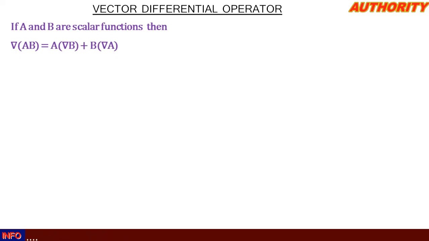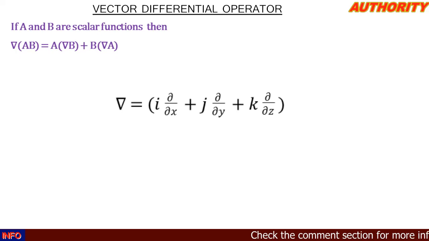Good. Now, please pay attention. Let's take it gradually. First of all, what is gradient? Going with the definition, gradient being a vector differential operator. Look at the symbol, nabla, or we call it del.